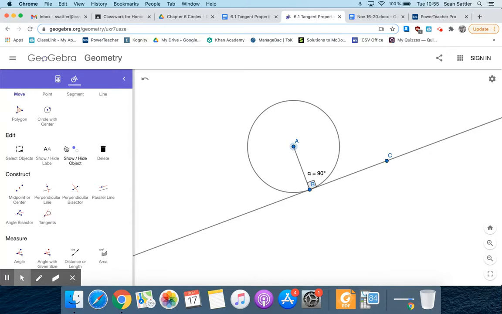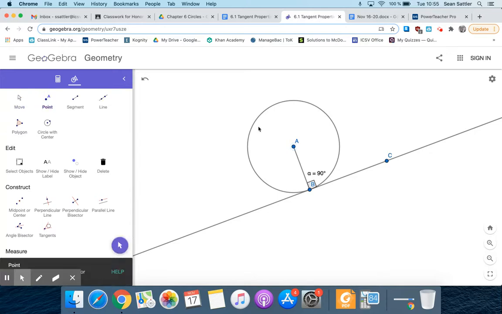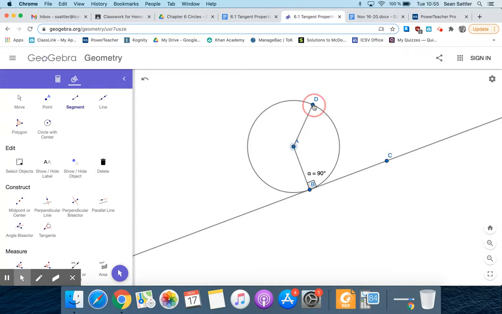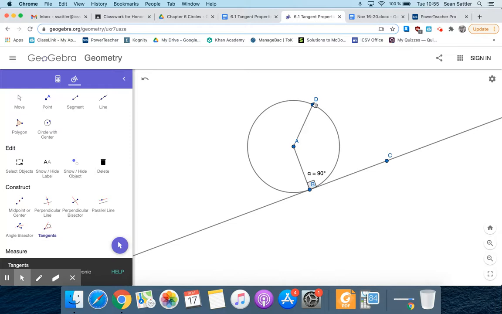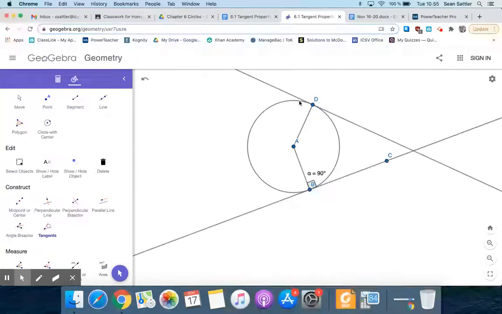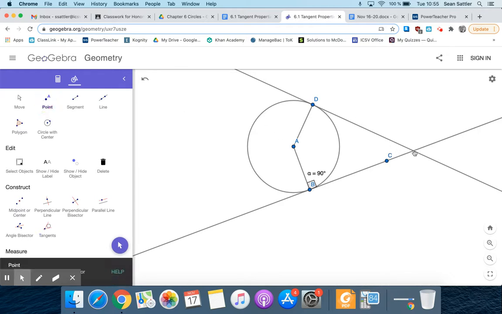So any radius that I make, I could make another radius here. And then if I made a tangent line at D, I click on D and then the circle, this would also be perpendicular. Okay, and then we get a kind of a cool quadrilateral that I just made here.